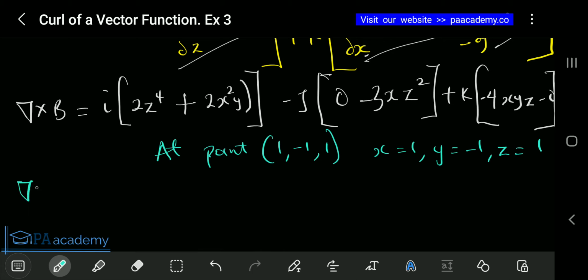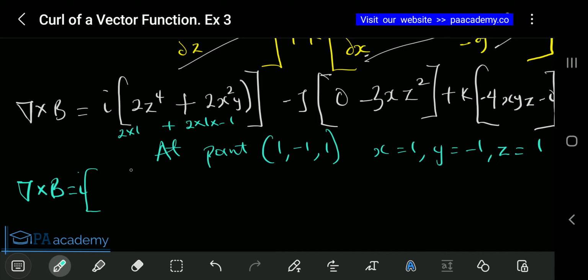So that will be equal to, let me just put our i outside. So 2z raised to power 4, that's 2 times our z is 1, 1 raised to power 4 is 1, then plus 2x squared y, so that will be 2 times x squared, that's 1 squared times 1, and then y is -1, so that times -1.